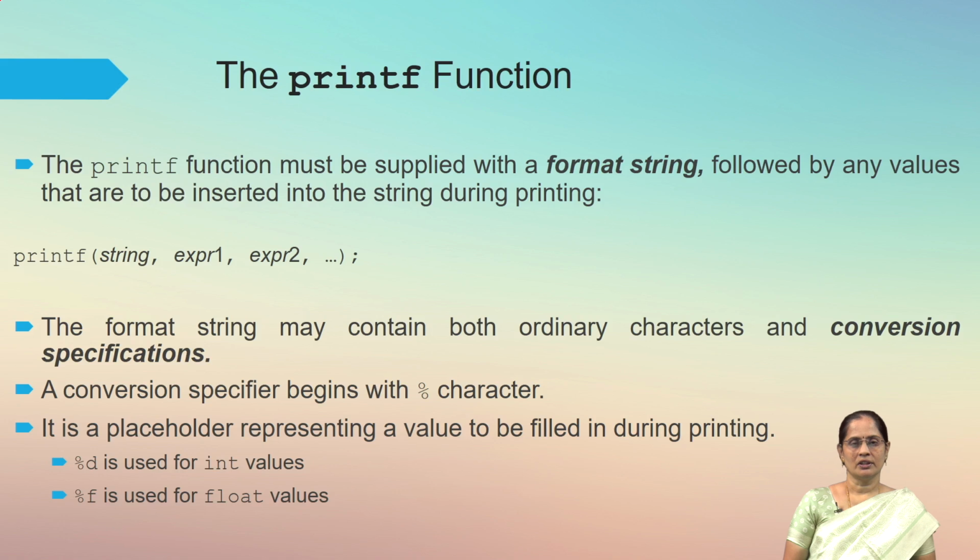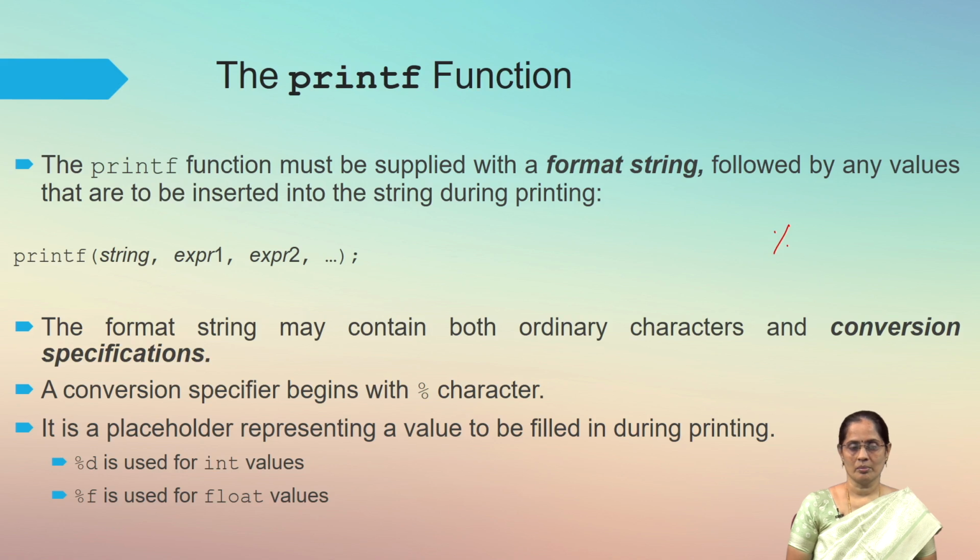The printf function uses a format string with what is known as a conversion specifier. The format string has the percentage symbol associated with the conversion specifications. The conversion specification used in the format string indicates what type of value has to be replaced.